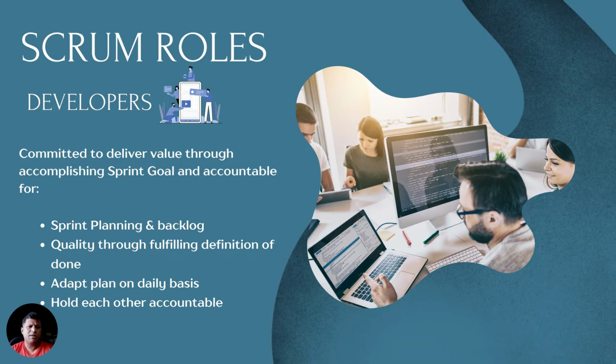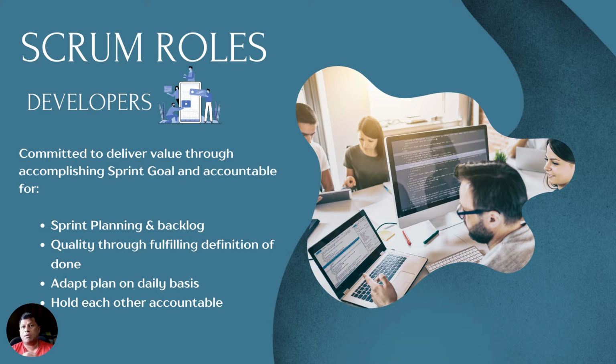First, let's talk about developers. The developers are the set of people who are committed to deliver value in every sprint. And how they do it? By achieving the sprint goal that is defined collectively by them along with the product owner, right?